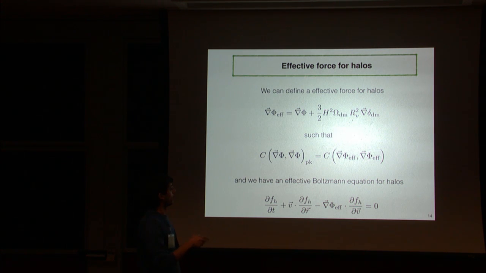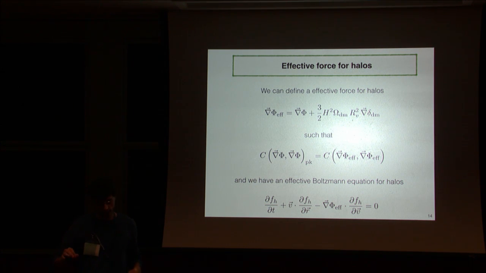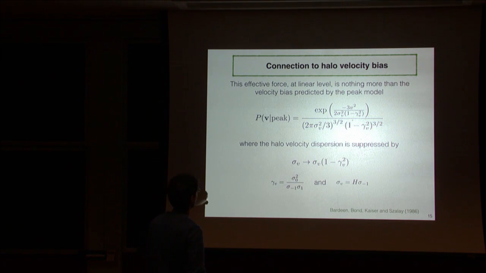And so we can now define an effective gravitational force, including this different covariance. We say let's define an effective force such that the covariance of the grad phi on the peak is equal to the covariance of this effective gravitational force. And we include this effect in this Boltzmann equation. So we have an effective way of including the statistical force felt by halos in the equation.